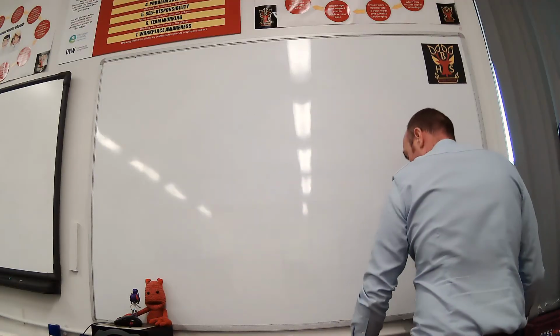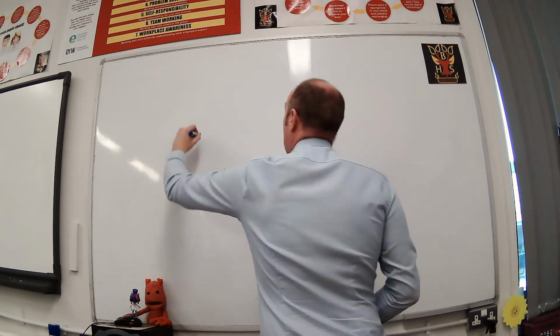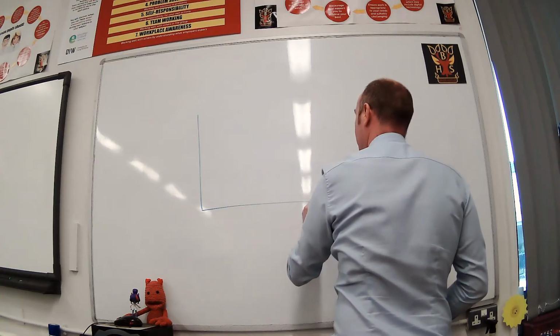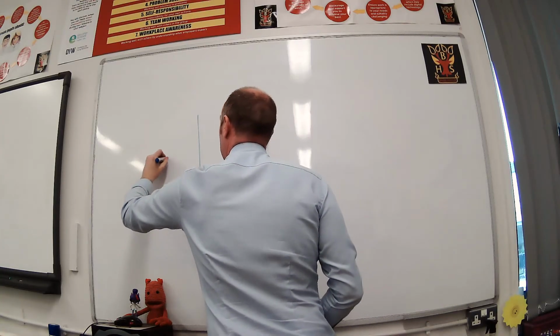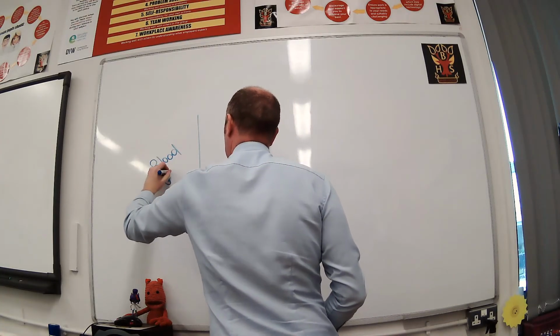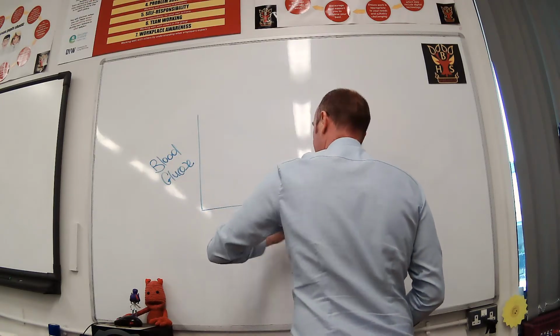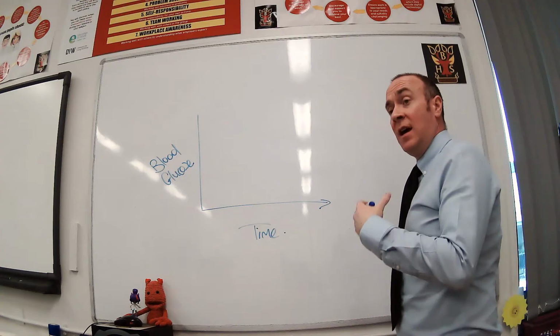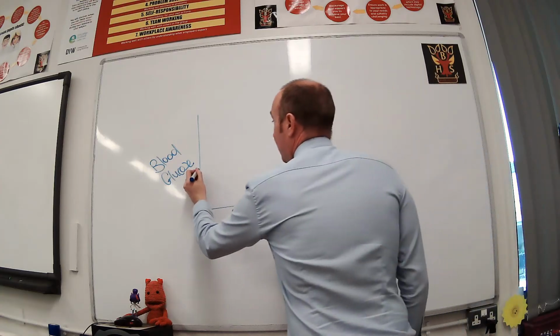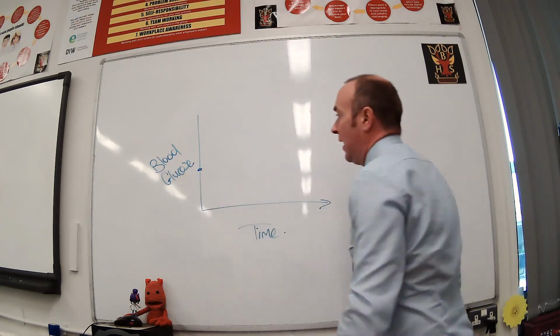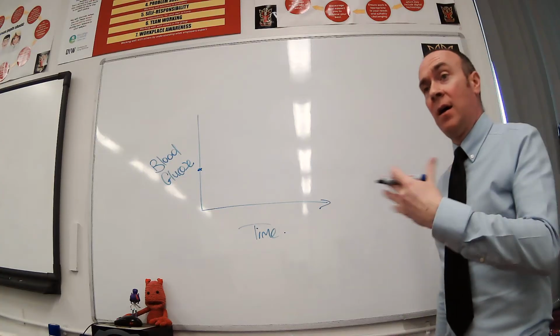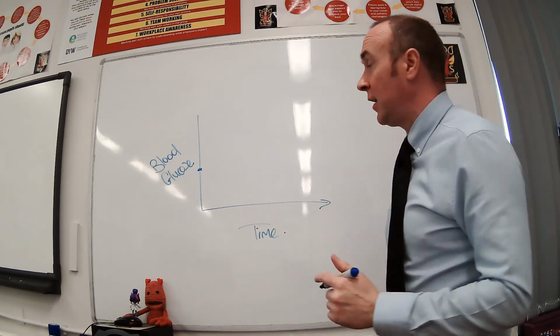Basically what happens is it measures blood glucose over time. And what happens is you might take a patient's base blood glucose level, and then you give the patient a large glucose drink, like a sugary drink.